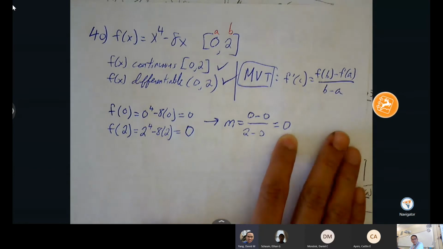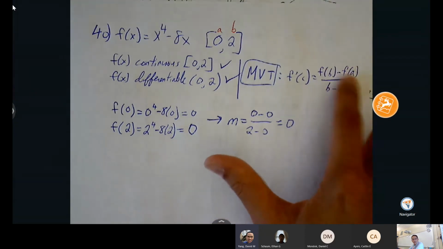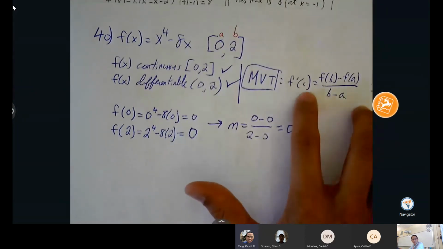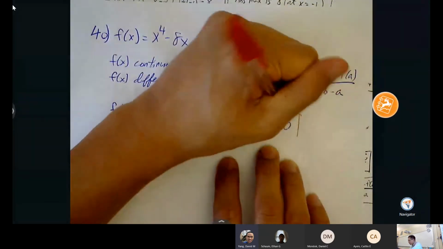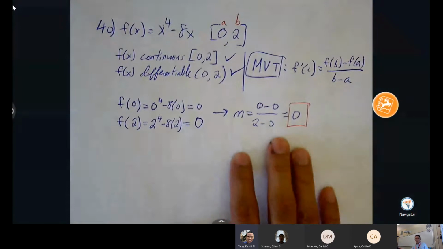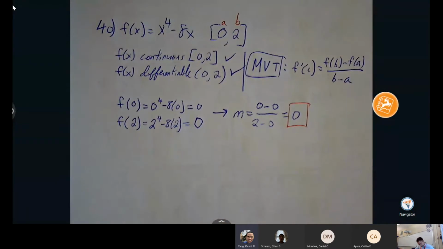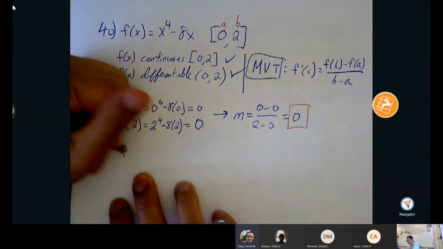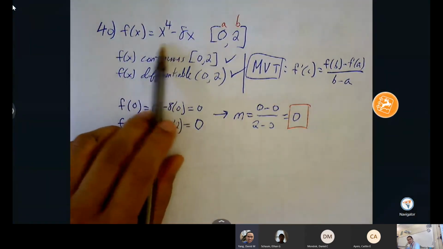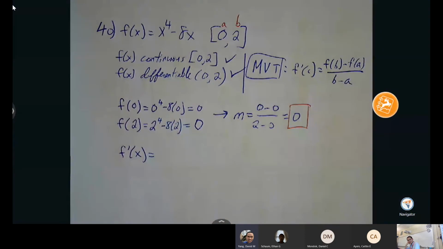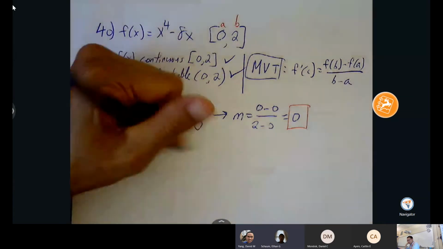Okay, what's next? We have this number. Now we can find the derivative, right? All right, what's our derivative? Four x cubed minus 8.